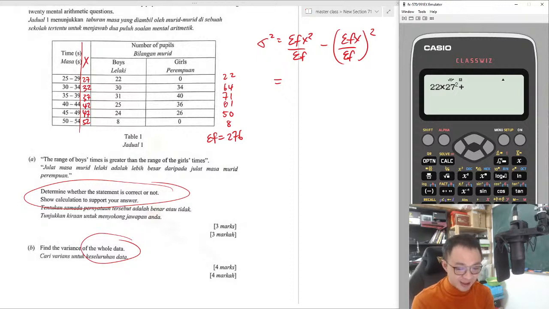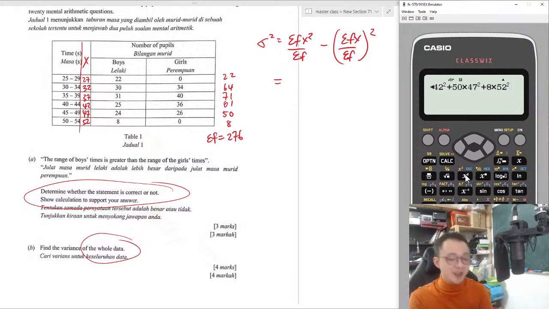Then the next one is 64 multiplied by 32 squared, plus 71 multiplied by 37 squared, plus 61 multiplied by 42 squared, plus 50 multiplied by 47 squared, plus 8 multiplied by 52 squared. This is how we do sum of fx squared.